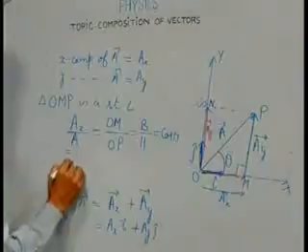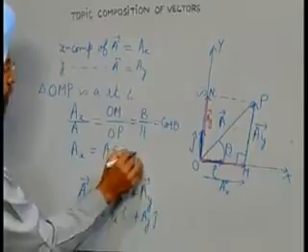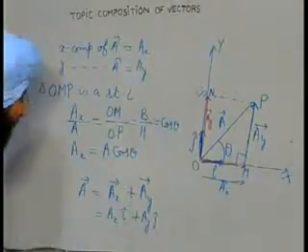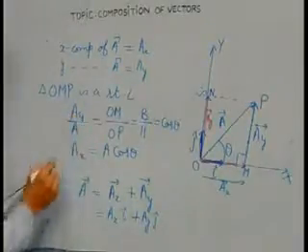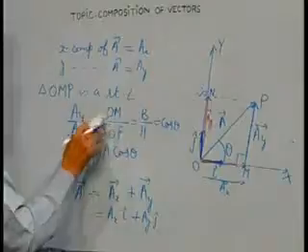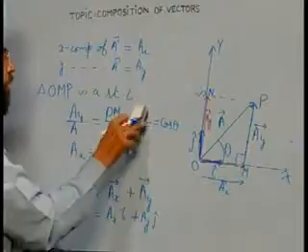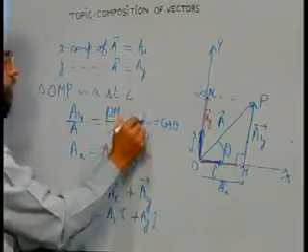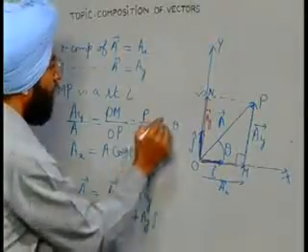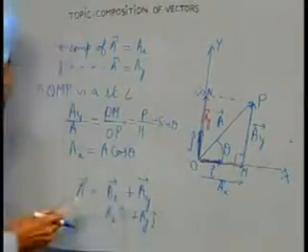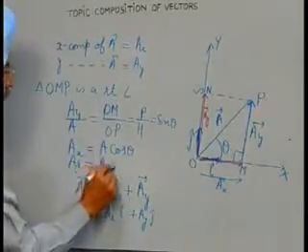So, we can write AX is equal to A cos theta, and AY over A is PM over OP, and PM is perpendicular. Perpendicular over hypotenuse is sin theta. So, AY is equal to A sin theta.